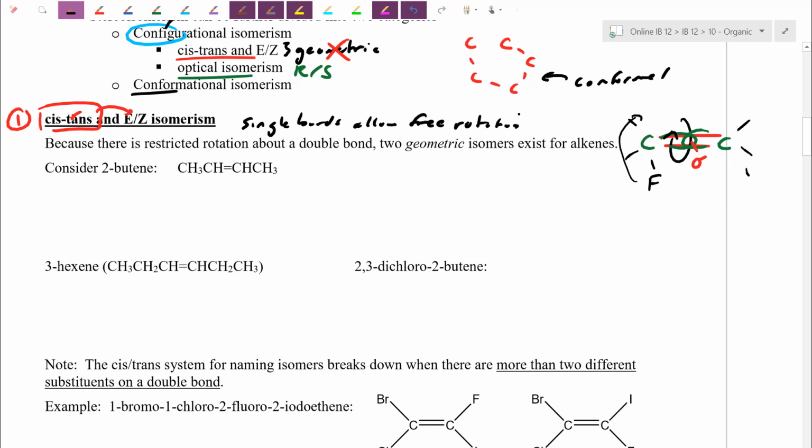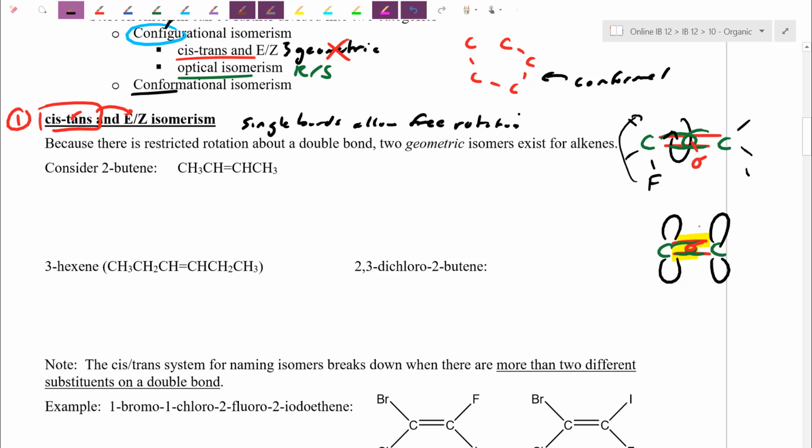It's a different story when we start getting double bonds or triple bonds. For double bonds and triple bonds, we say they're sort of fixed. They don't allow for free rotation. The reason for that, let's take ethene as an example. Whenever you have a double bond, sure, one of them is a sigma bond. One of them is supposed to allow for free rotation. But if you remember from our bonding chapter, our other bond is actually weaker. It's actually a pi bond from unhybridized p orbitals.